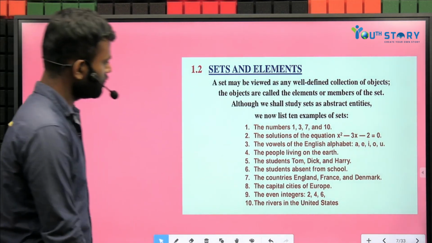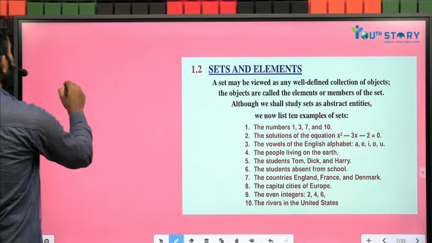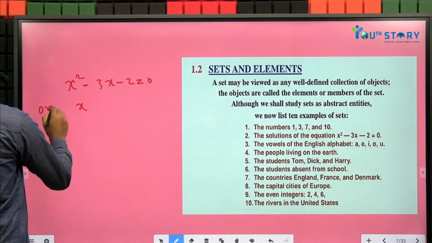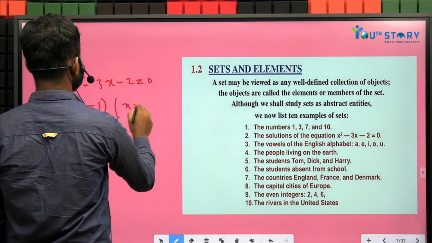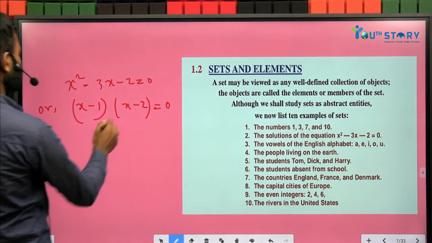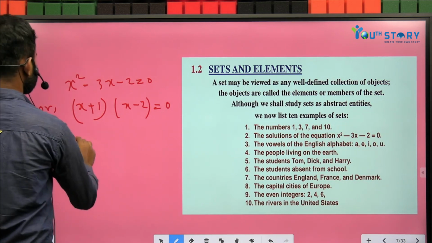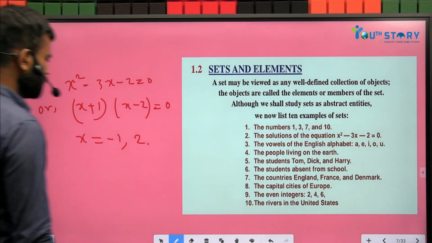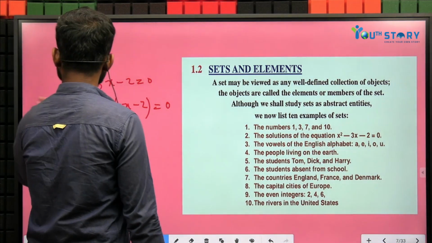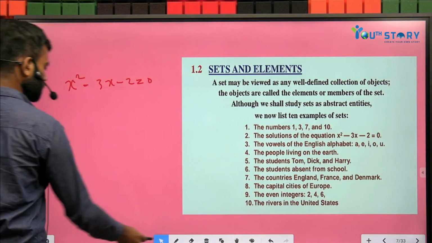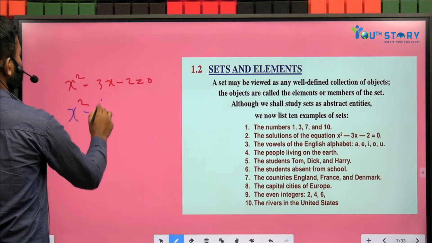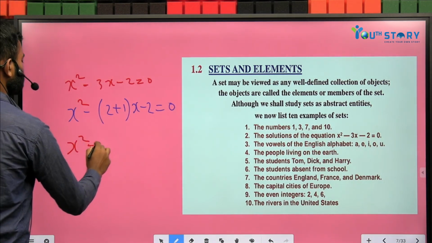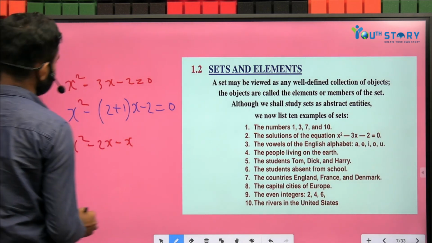Then the solutions of this equation are roots.